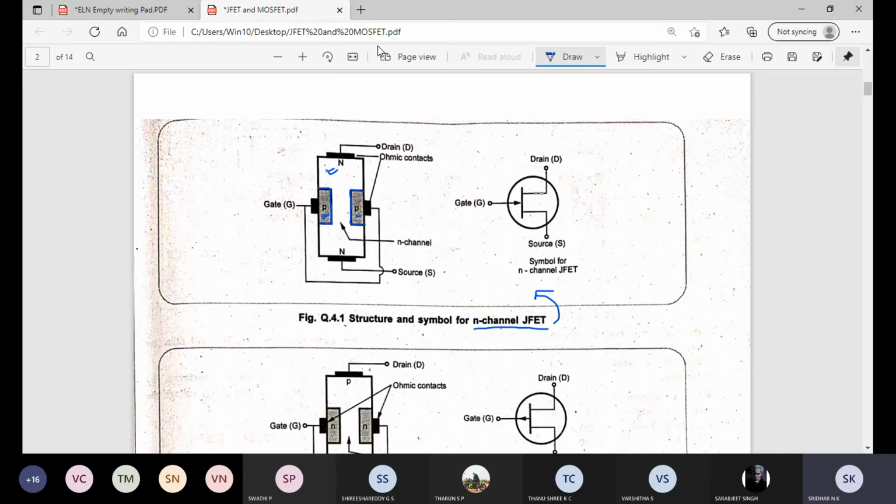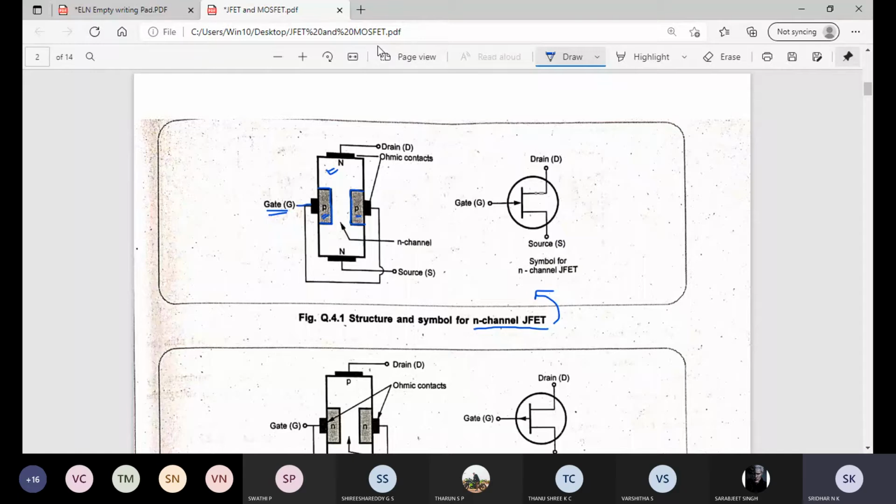It is shorted internally, and a terminal is taken out from the P type, and that terminal we represent as gate.